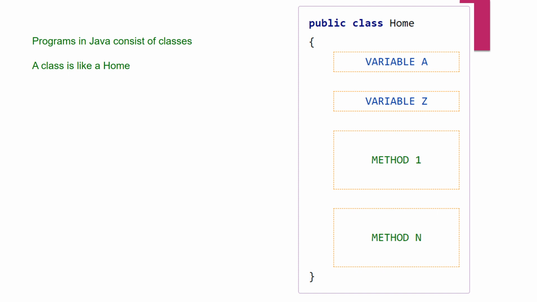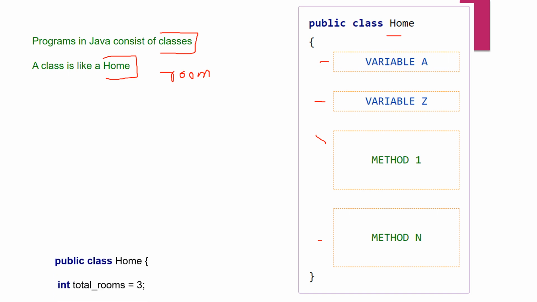In Java we have classes. A class is like a home. Inside a home we have rooms, and inside rooms we may have things like furniture, etc. Same with a class: inside a class we have variables and some methods. So you'll have to make a class like this.